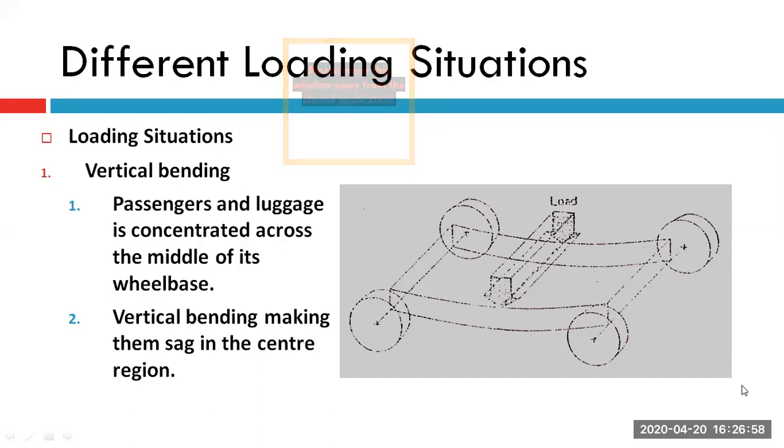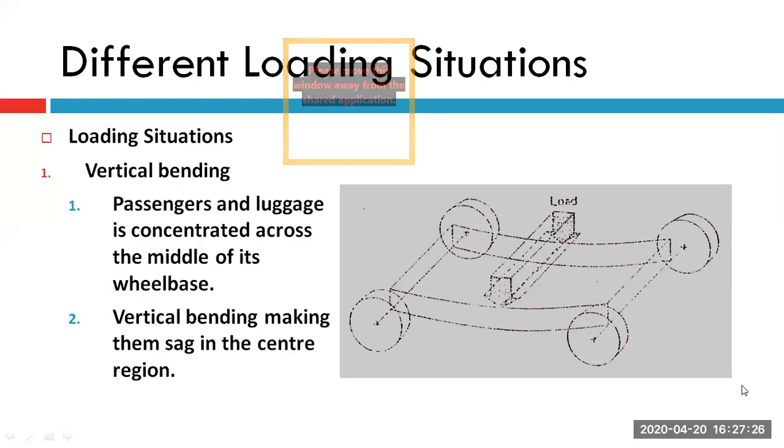Like mentioned here, the passengers and luggage are concentrated across the middle of the wheelbase. In general, if you consider vehicle dynamics, this load is considered at the center of gravity of the vehicle. So it is not essential that it is at the middle of the vehicle or longitudinally at the center of the vehicle, right? Just for representation purposes, we have shown it here at the center of the wheelbase.